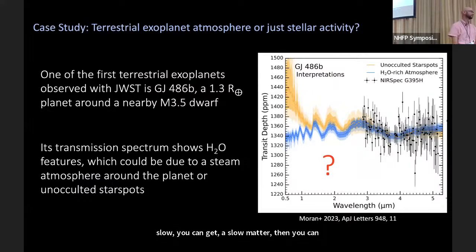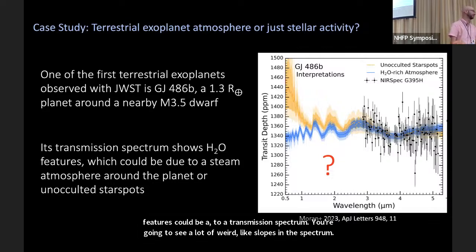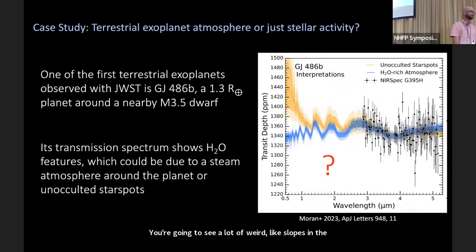So if you don't account for flares, what kind of signatures might you see in a transmission spectrum? You're going to see a lot of weird slopes in the spectrum, and there will be some features within those flare spectra that might, for example, look like the imprint of water lines or something like that. And I would point out some work being done by Laura Flagg on that point.